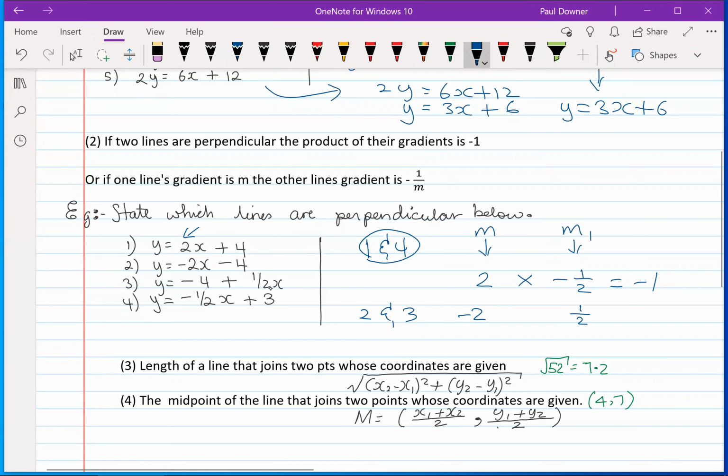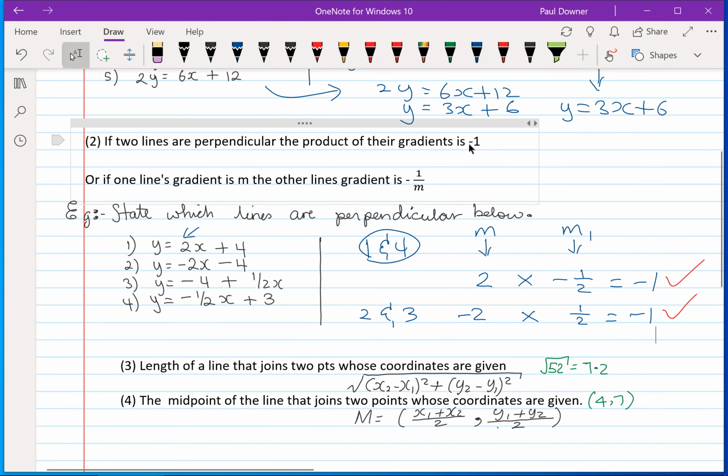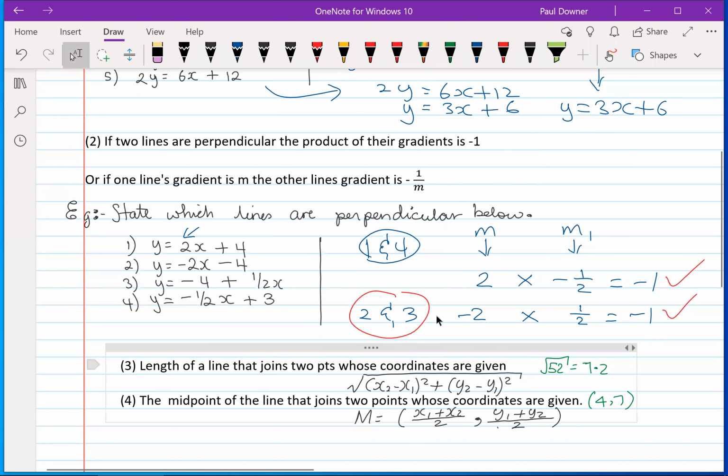And now if we multiply them, let's see what the answer is. Put it on your calculator, negative 2 by a half. You should get negative 1. So that is correct. What we have learned is that in both cases, the test that we do, which is to multiply their gradients, if we get negative 1, as stated here, then we are sure that the lines are perpendicular. So lines 1 and 4 and lines 2 and 3 are lines that are perpendicular.